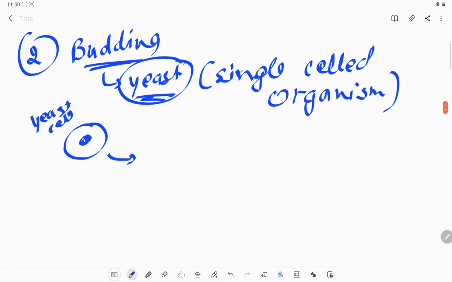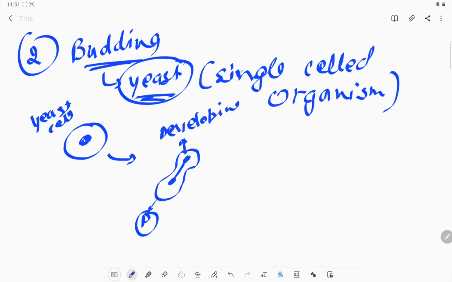It will develop buds. This is the nucleus portion, or we can say the genetic material portion. This is the parent body, and this is the developing bud.